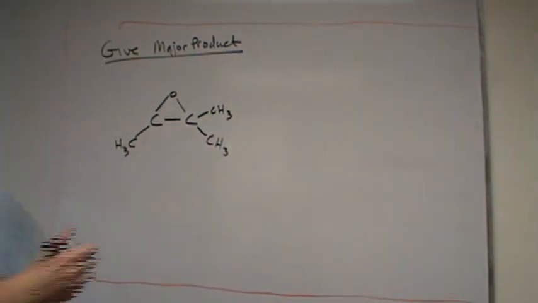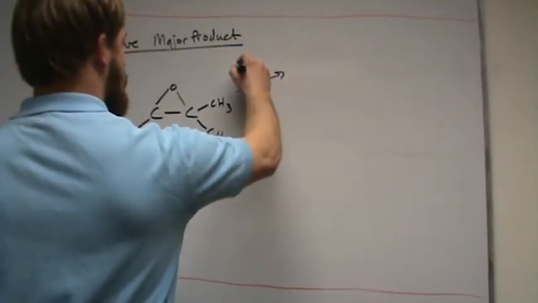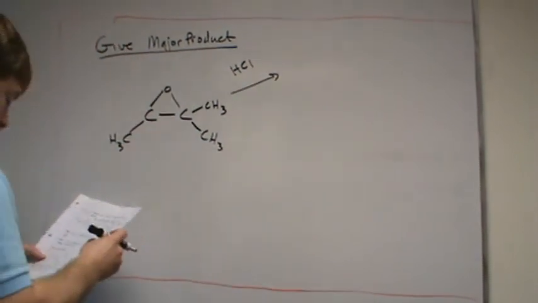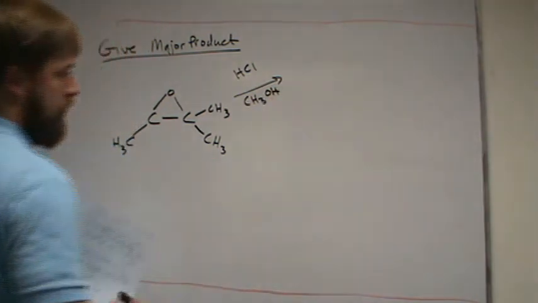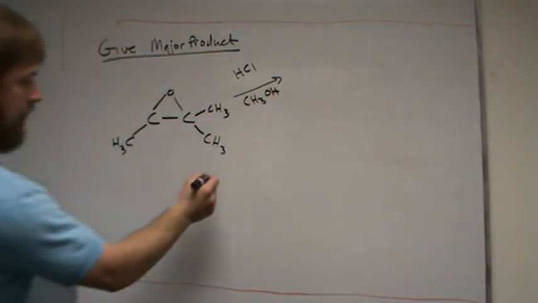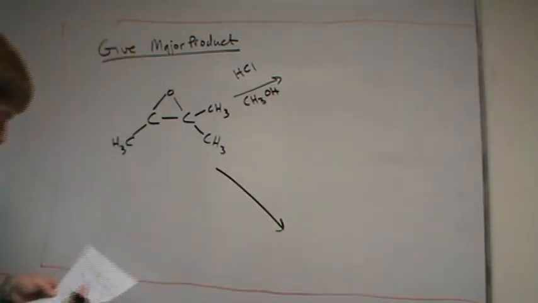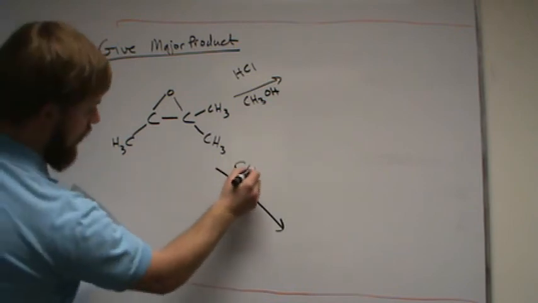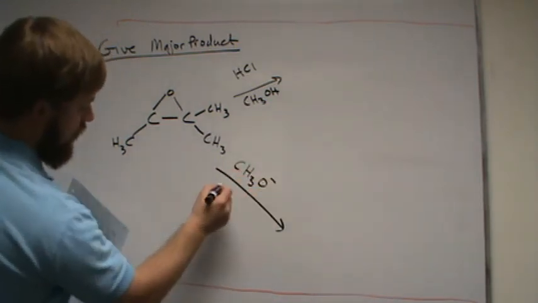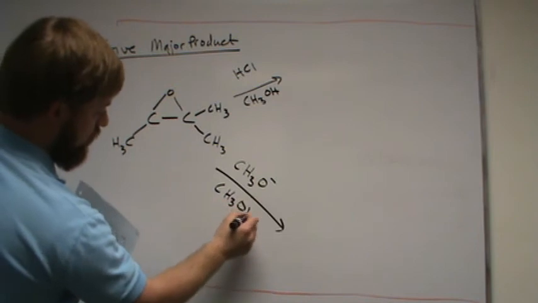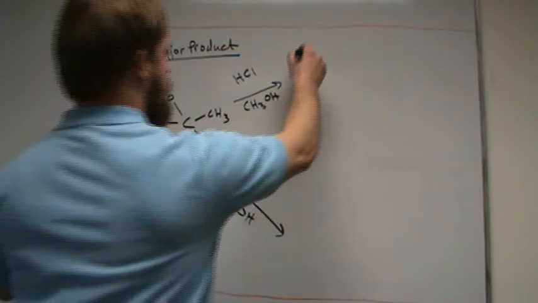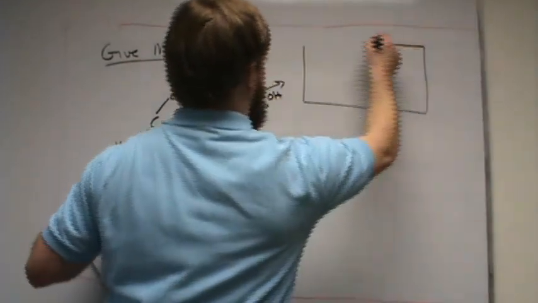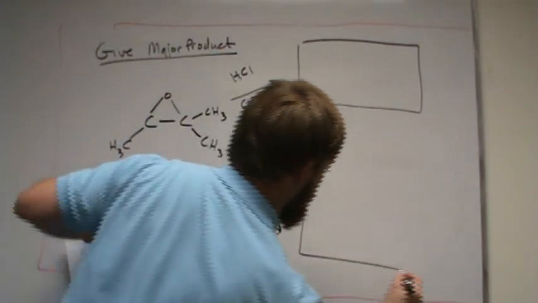And I'm going to react it under one set of conditions with HCl and methanol. And I'm going to react it under another set of conditions with methoxide in methanol. Okay. So pause the video now and fill in the final product here and the final product here.